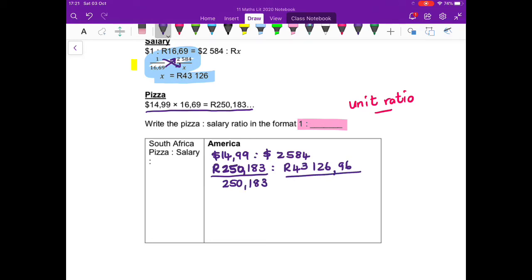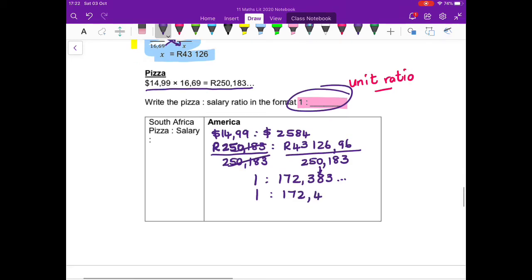What we do to the one side, we do to the other, so we divide by 250.183. Those would cancel, and I would get 1. Okay, here we're going this route. If I divide that, I'm going to get 172.383, because it rounds to far more decimal places, around to 2 decimal places. So it is, okay, 1 to 172.4. I'm rounding to 1 decimal place.